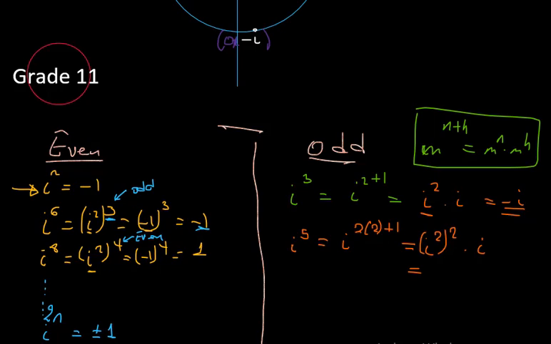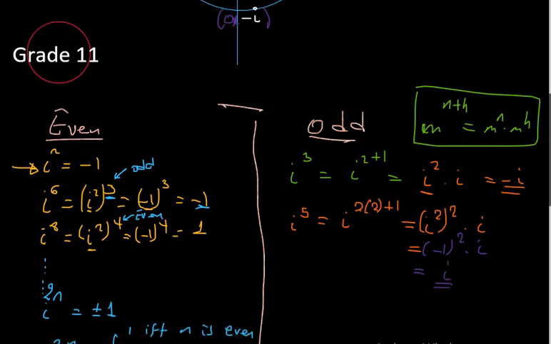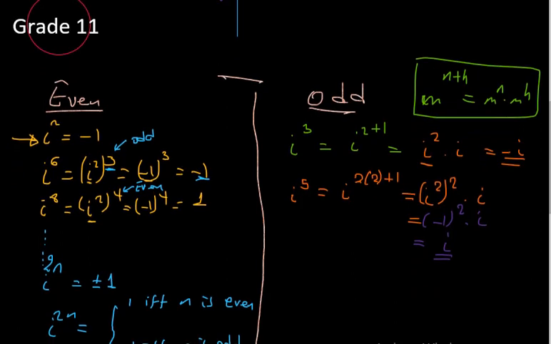In this case, the value of i squared is -1. When you square it, that goes to positive. So that is going to be positive i. Whatever the case, if the degree is odd, the value will be either negative i or positive i.